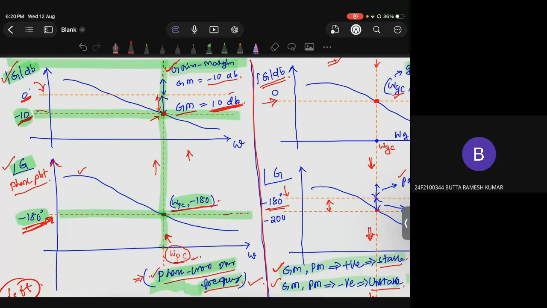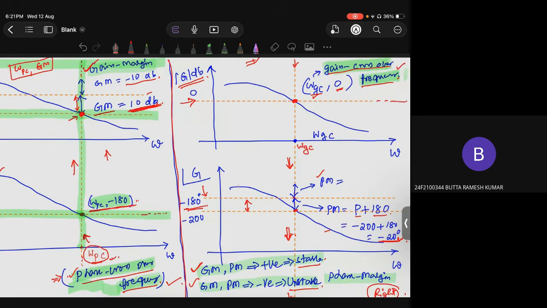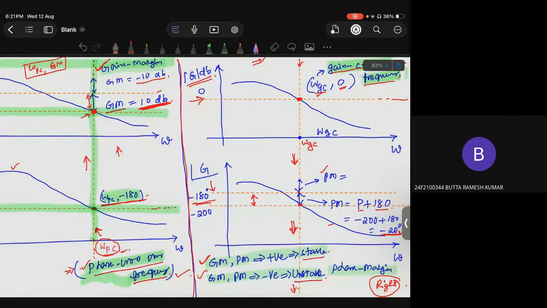First find the phase crossover frequency, which is the frequency corresponding to the minus 180 degree line. Then extend that line from the phase crossover frequency to the magnitude plot and check how much it deviates from the 0 dB line. That is your gain margin. Is this clear? Phase crossover frequency and gain margin, two things. Now, similarly, on the second side, you'll be defining two things: gain crossover frequency and phase margin.